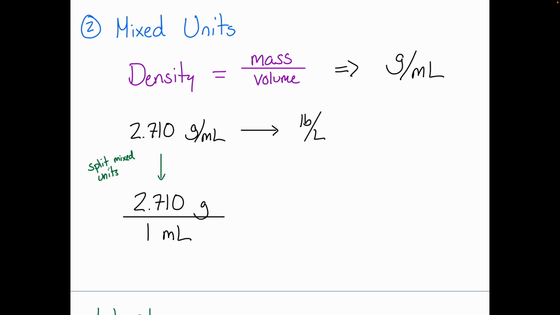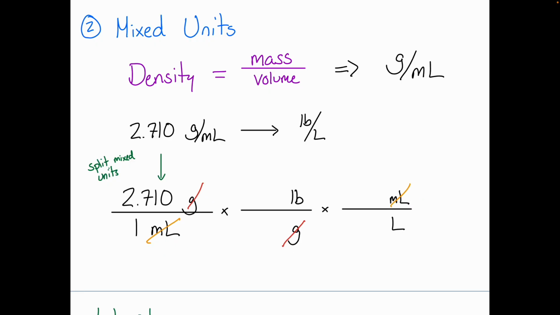So we're going to need 2 of them here, and it actually wouldn't matter which order we did them in, but we're going to multiply the one where we convert from grams to pounds, and then another one where we convert from milliliters to liters. And I've stacked this in such a way that grams cancel and my milliliters cancel. So take a second and see if you can fill in what's missing here in order to perform this multi-step conversion using these mixed units.